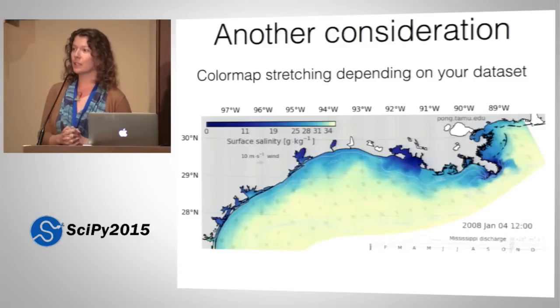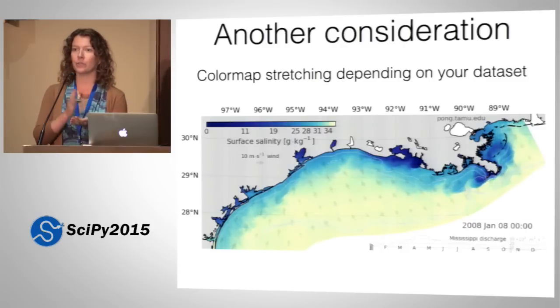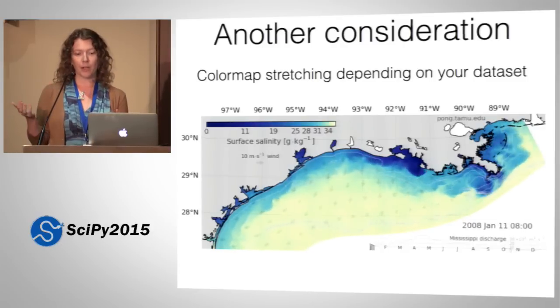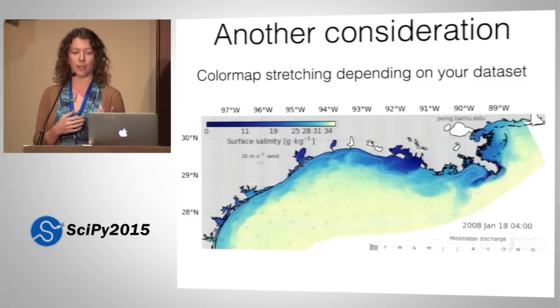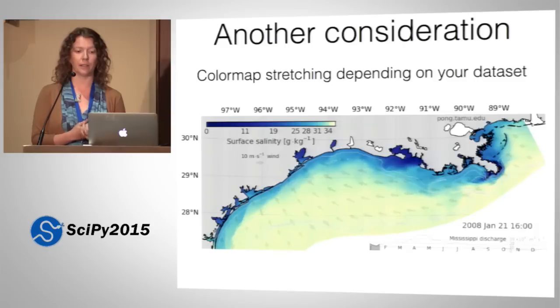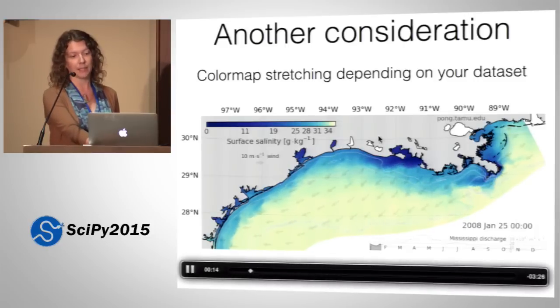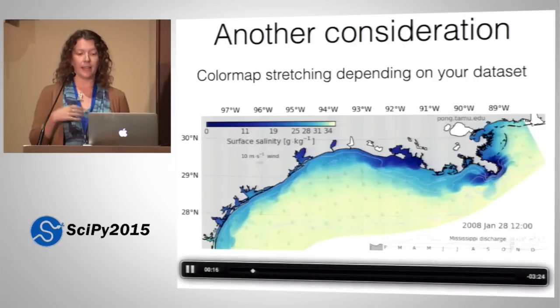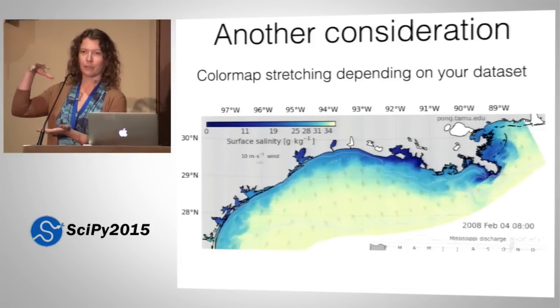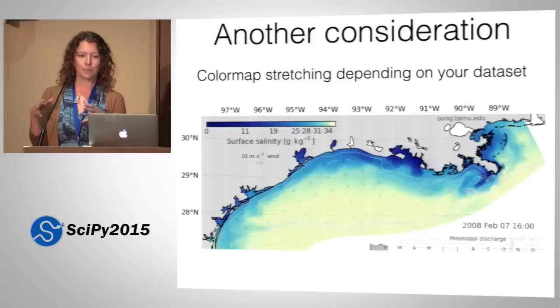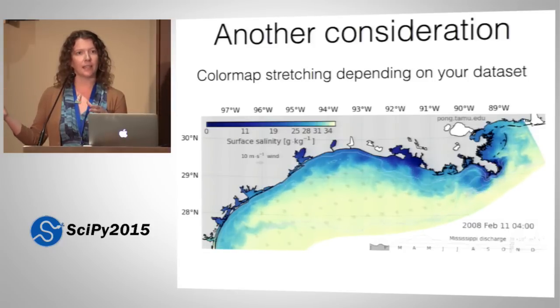Another consideration is how you want to scale your color map. One example I've thought about this for is looking at the Mississippi River plume here in the Gulf of Mexico. Here's Louisiana, here's Texas. We know from science that the expression of the river plume at the surface has approximately log scaled area.